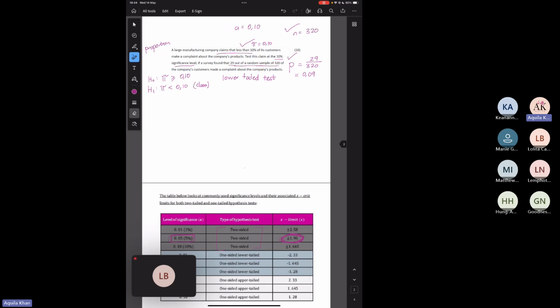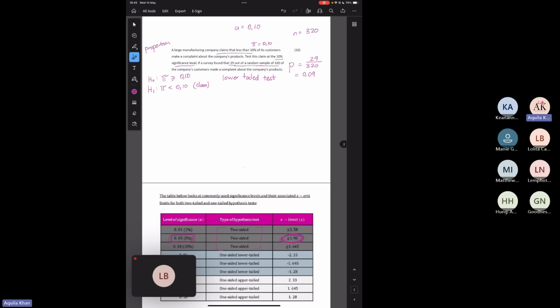So basically we have A, we have pi, we have n, we have P, and that's actually all we need for our calculations. So let's go ahead and now continue to the next step, which is your region of acceptance and rejection. So we wrote out your null and alternate hypotheses. Your null will say that the pi value, your population value, is greater than or equal to 0.1. Your alternate will say that pi is less than 0.1.